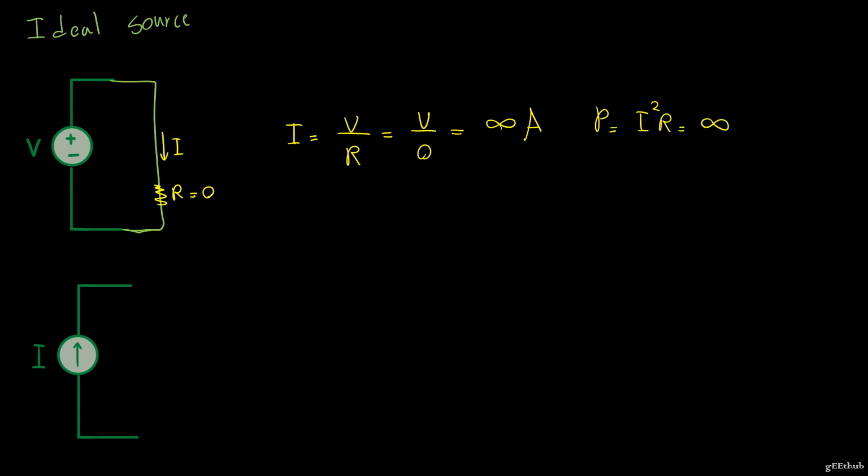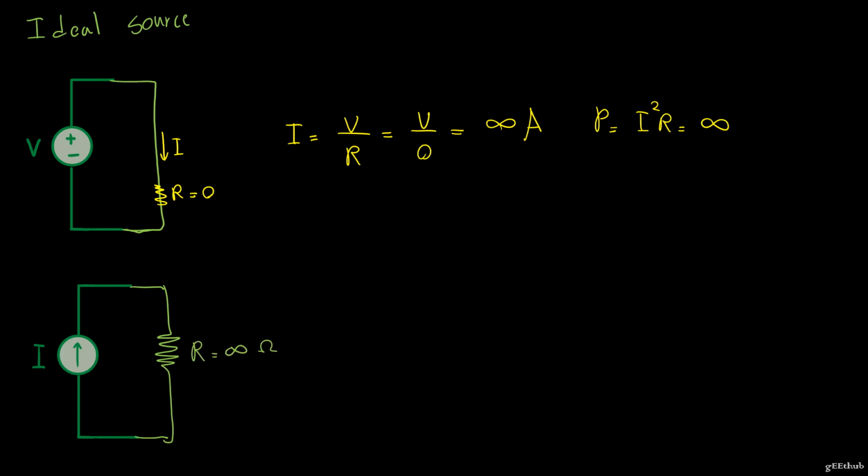So with an ideal voltage source, a short would result in infinite amount of current and infinite amount of power generated. But that's not the real case in life. Same thing with the current source. If you have an ideal current source, and let's say it was connected to a circuit and we just opened it, well, an open is the same thing as a resistor with infinite ohms.